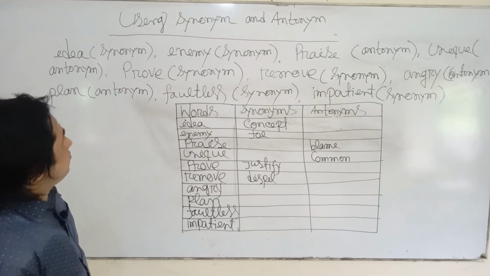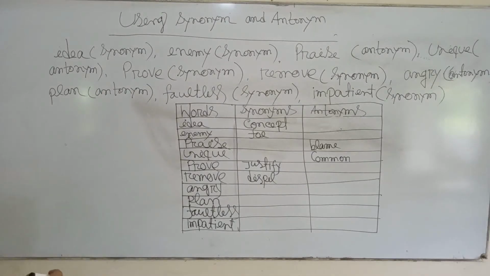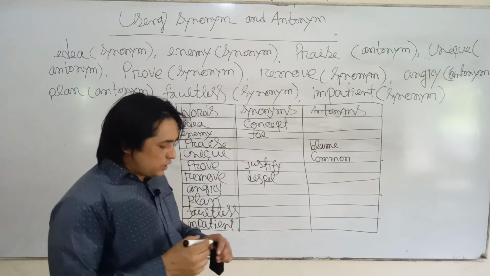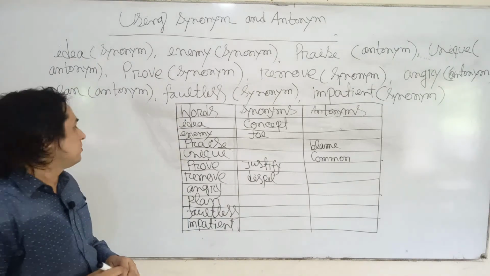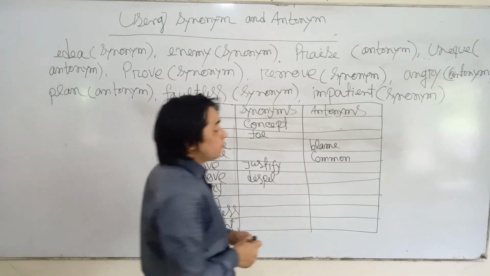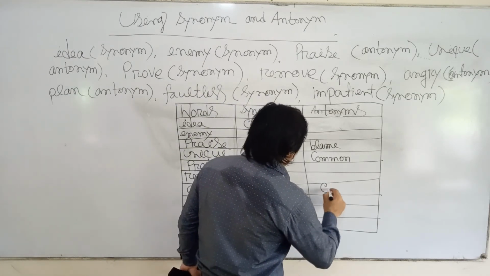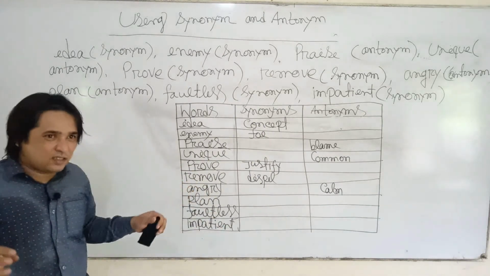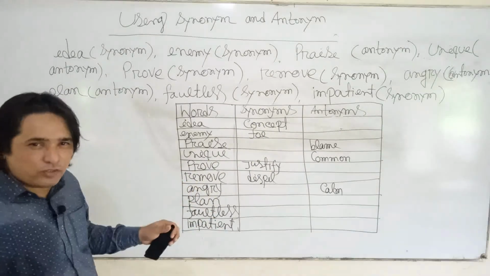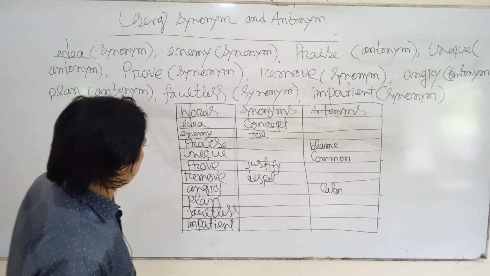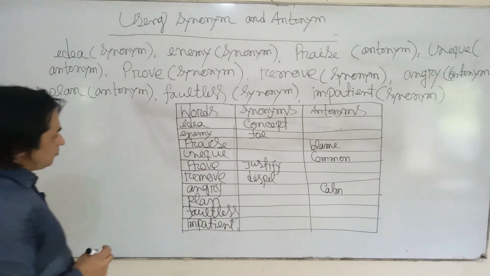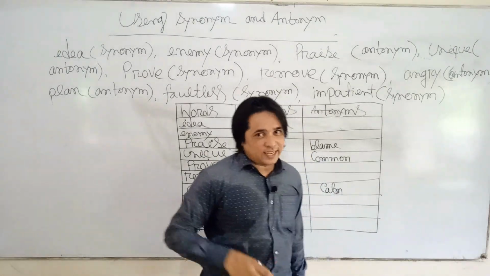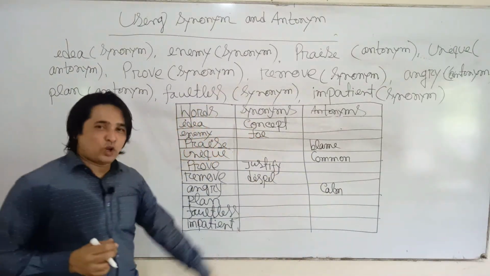Angry. Antonym. Angry means furious, and the antonym will be calm. Calm means docile, very gentle. Whenever somebody becomes angry, we say calm down. C-A-L-M, not clam.